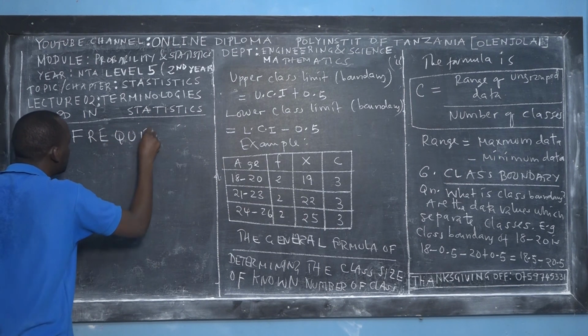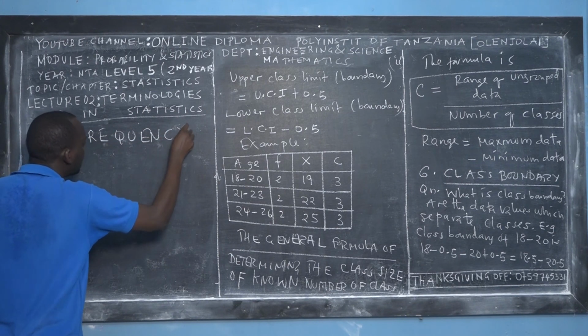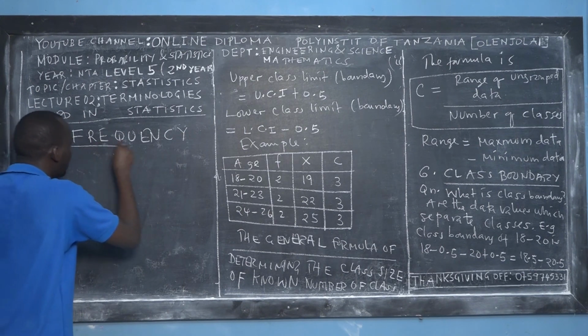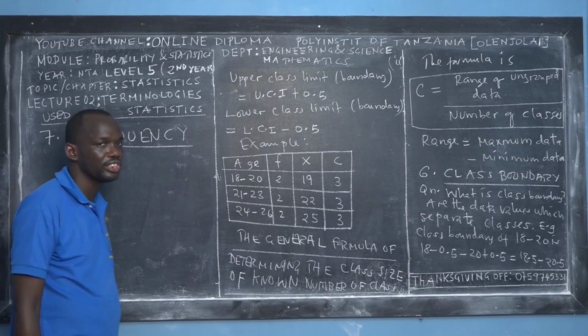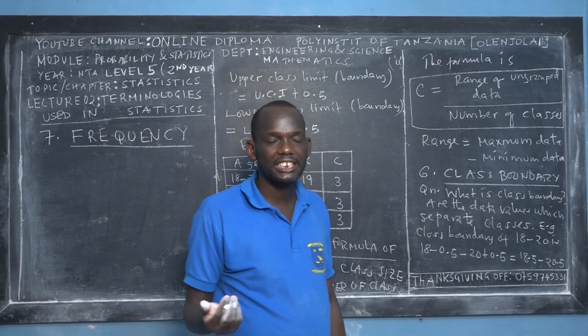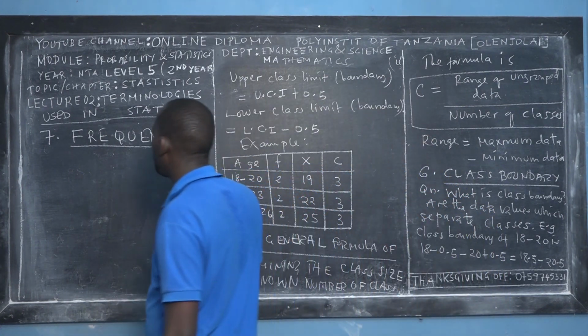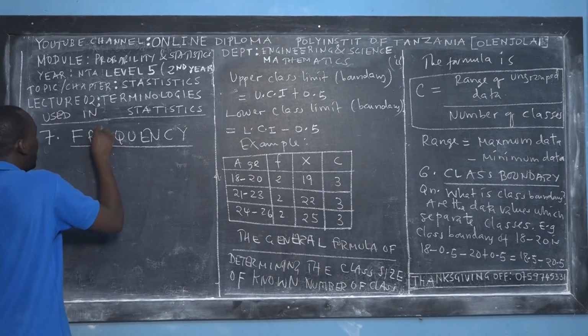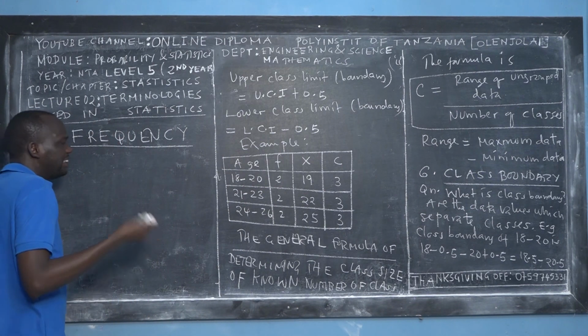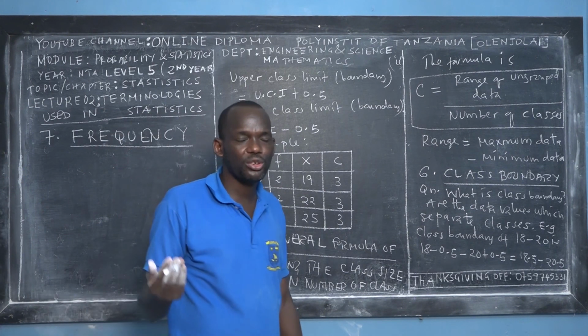Say frequency. This is a very important terminology in science, in engineering, in telecommunication engineering, in mechanical engineering, in acoustic engineering, meaning sound engineering. We also find these terms in many cases in electrical engineering.